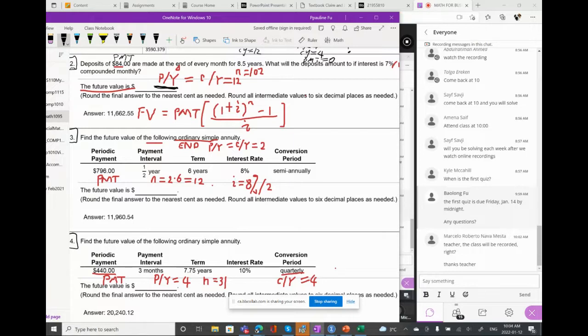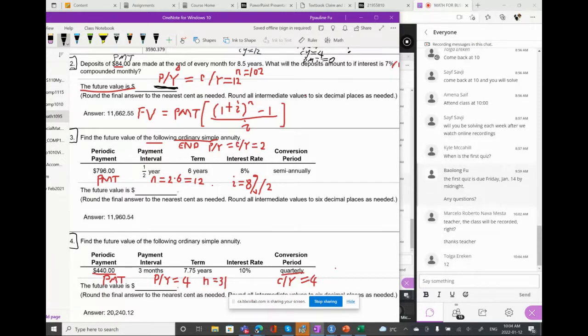If you make a deposit every month, how many deposits will you make in 1 year? Type in your answer in the chat area. Toga, thank you. That's great.